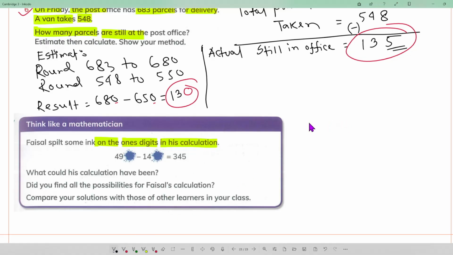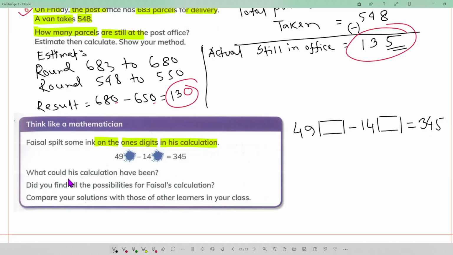So look, it's a very interesting thing, right? 4 9, it's a blank, we don't know, minus 14, again blank, we don't know, because he split some ink on the ones digits, but we know the result, which is 345. So actually what is the result?